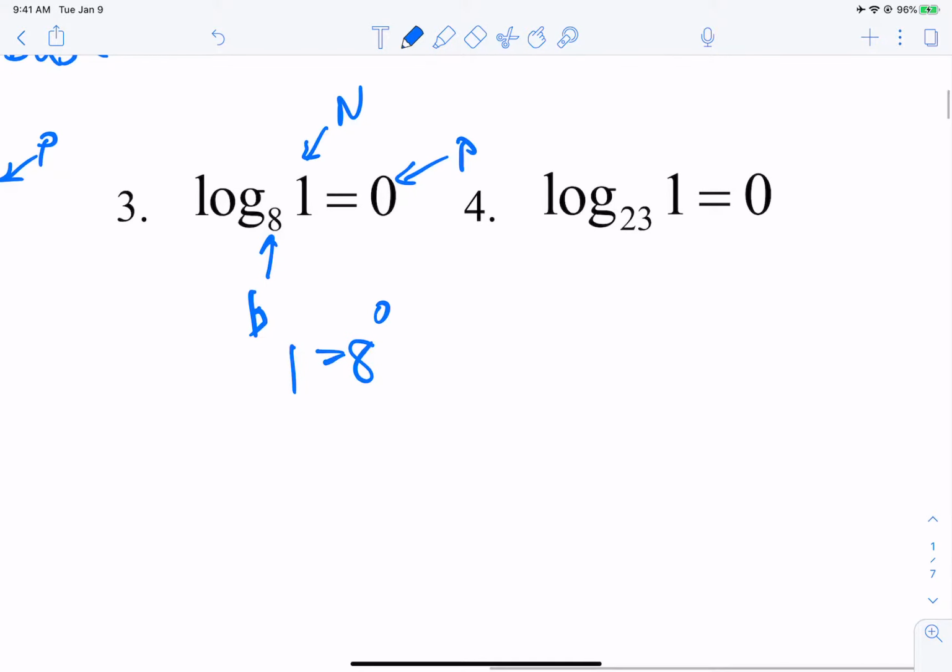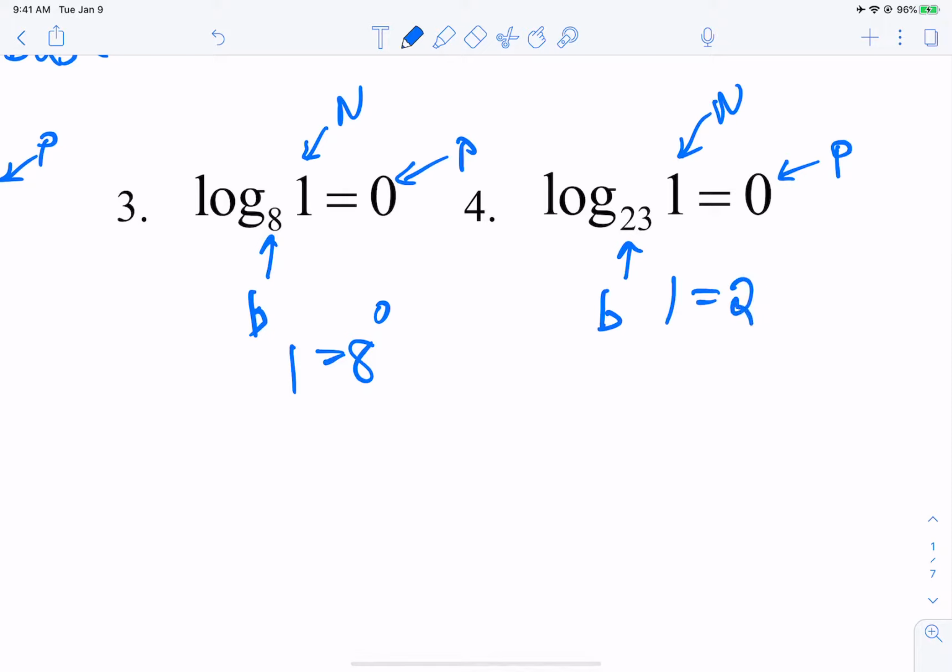And then finally our last one here, identify what's your base. Our base is 23. Our number is 1. Our power is 0. So our number 1 is equal to our base 23 to a power of 0. So that's just kind of how we convert that logarithmic equation into an exponential.